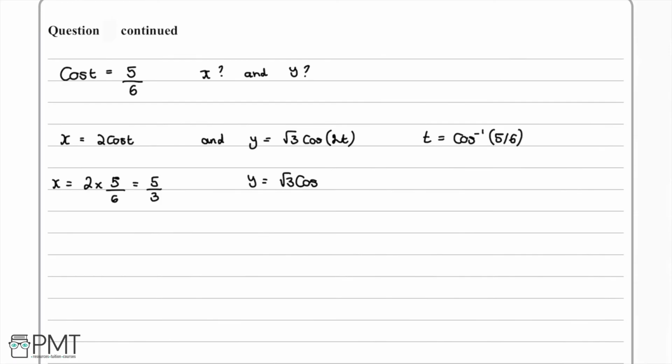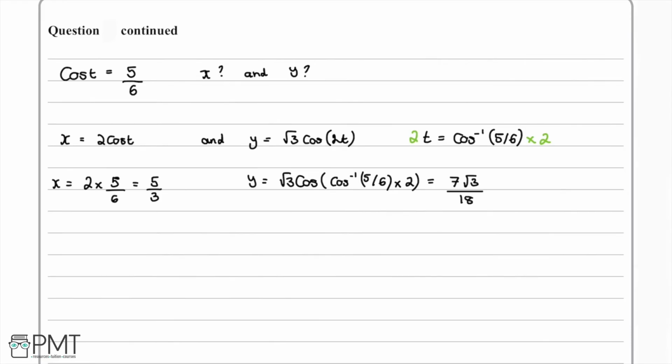So 2t is equal to 2 times this. Therefore, we can replace 2t with cos negative 1 of 5 over 6, times 2. Putting this into a calculator, this comes out as 7 root 3 divided by 18.